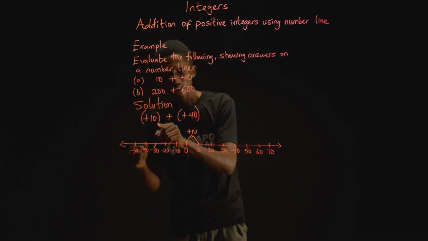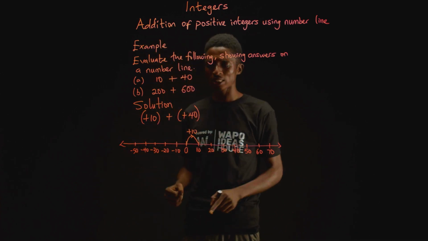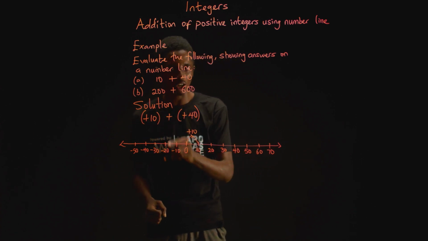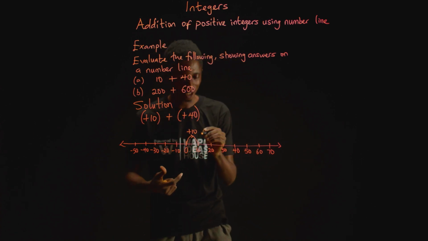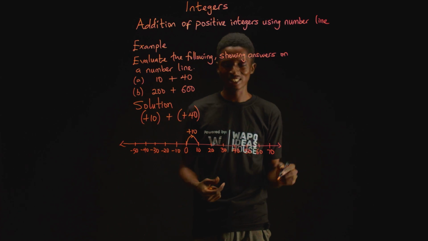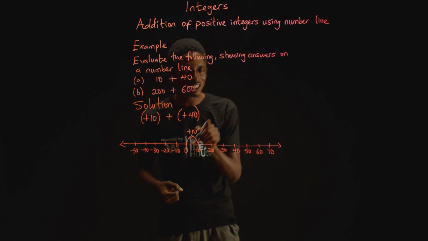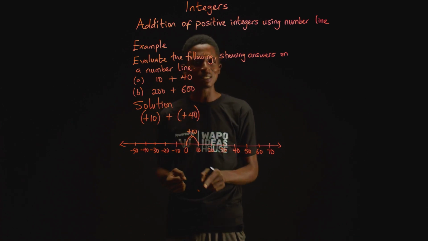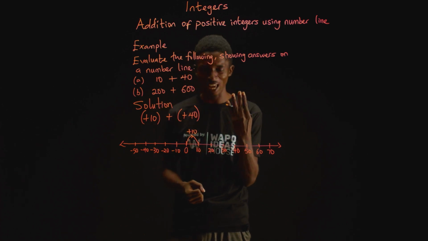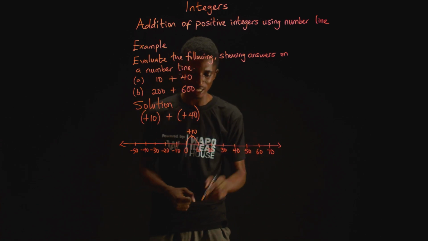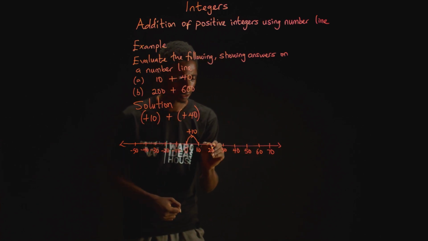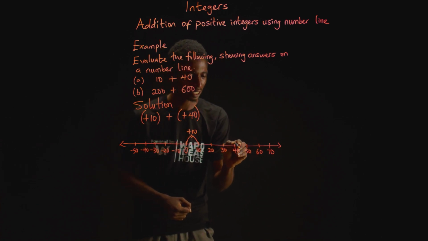Good. Then we add that to a plus 40. Because you are doing addition, you move in what direction now? Also to the right. Let's add 40. In how many steps, you may ask? Each step is tens, so 40 will represent 4 steps. Let's count 4 steps to the right. 1, 2, 3, 4.